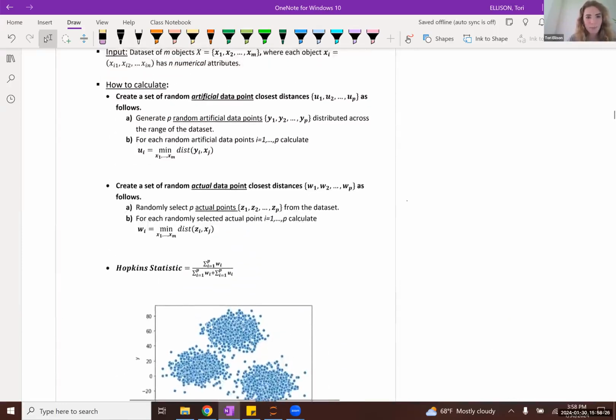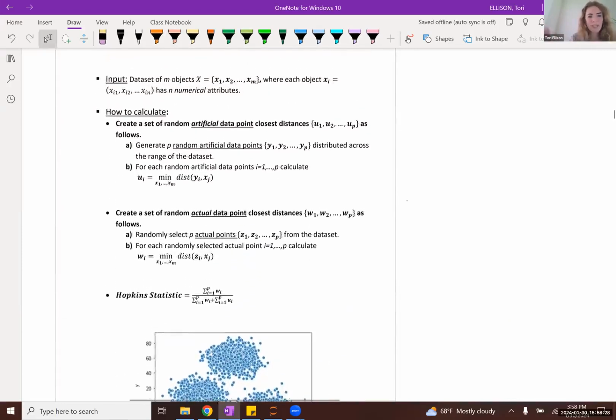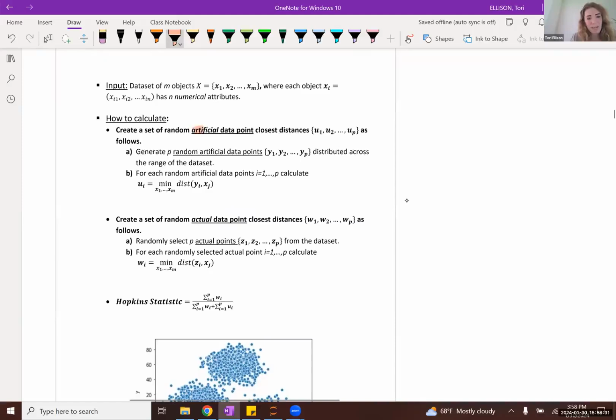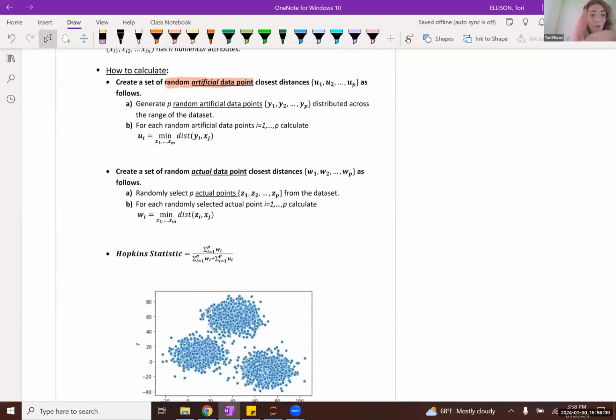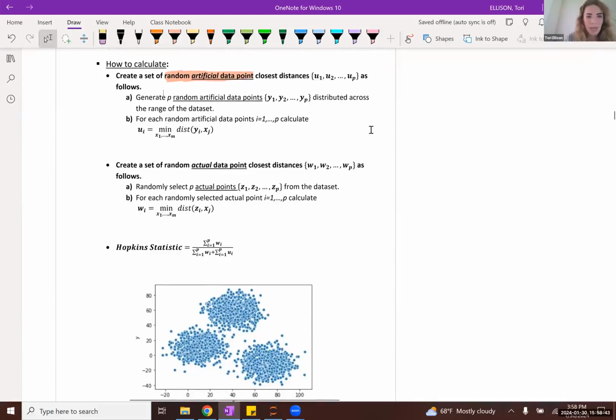So the first set of points is a set of randomly generated artificial data points within the range of values of the data set. So you're going to randomly select P observations within the range of points. So I might get some here.